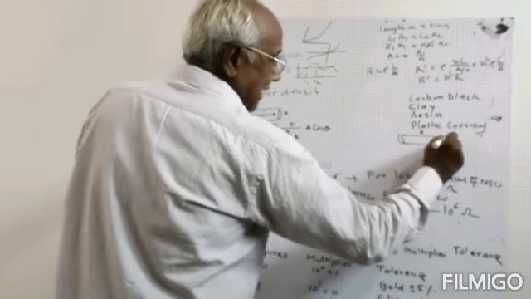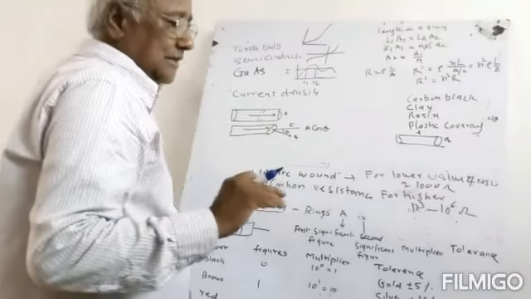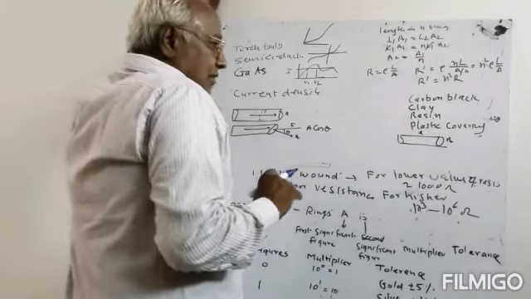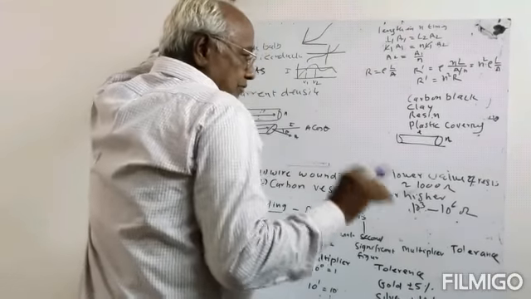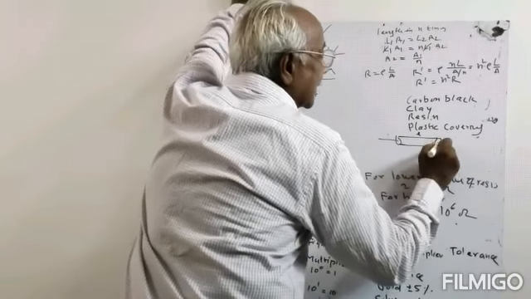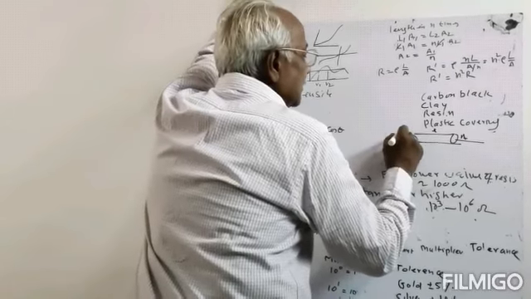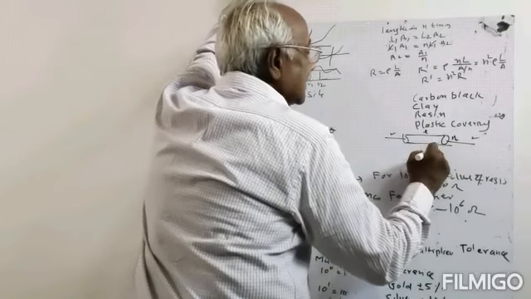The length and area of cross section depend upon how much resistance we need. Then the ends are connected to connecting leads. So the resistance between this lead and this lead is resistance R.